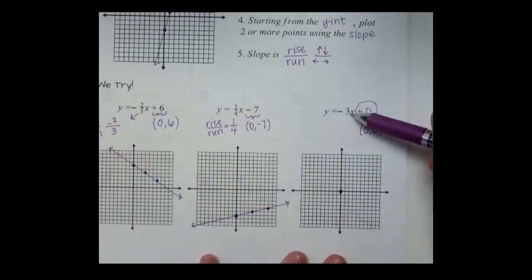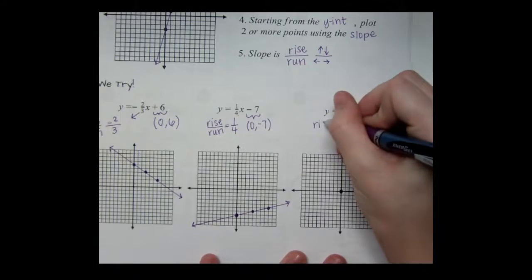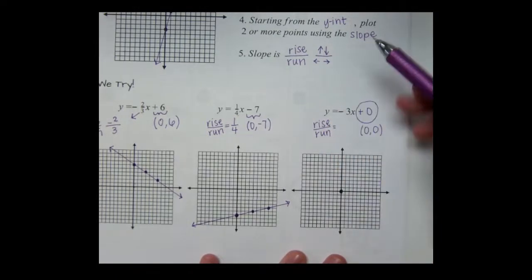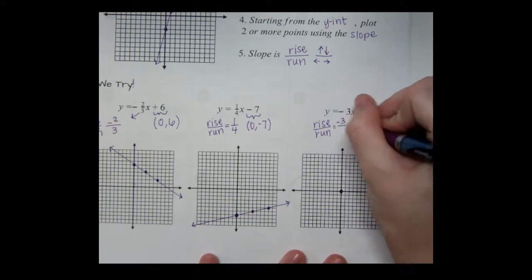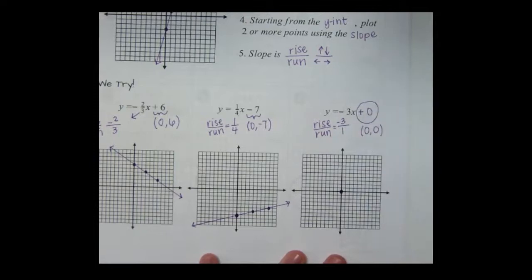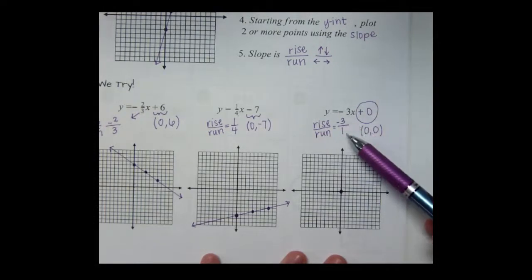So I'm still going to do the same thing with my slope. I know that slope is rise over run, and I know my slope is -3. So -3 goes on top over a positive 1. -3 divided by 1 is still -3.